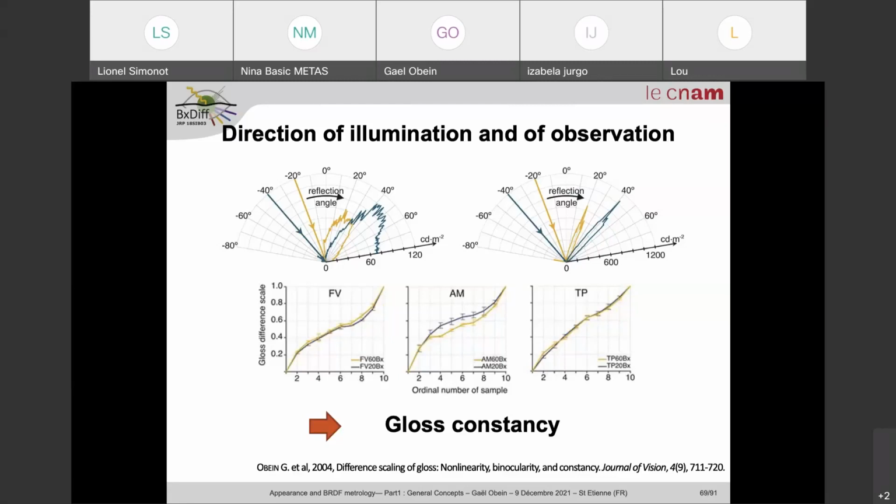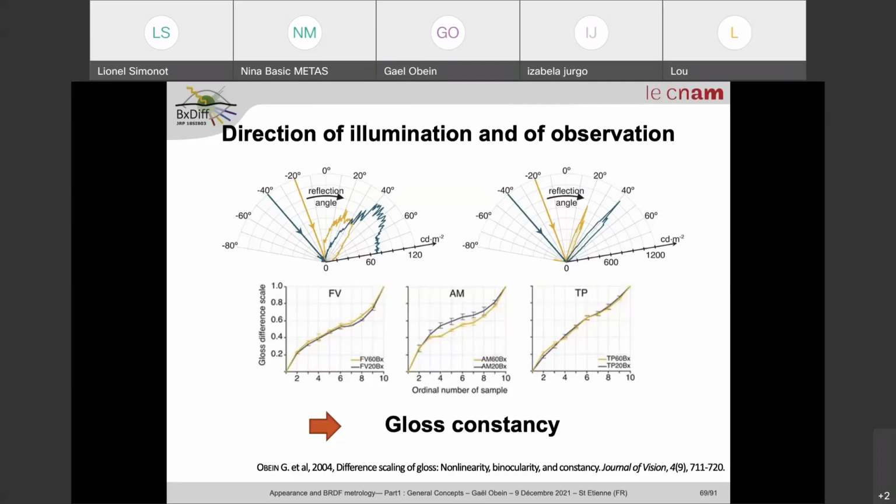So I have probably learned how to compensate those different evolutions of the specular peak, exactly as we do for color with color constancy. This is what I showed you this morning, the color constancy when I was changing the blue filter. I have learned to compensate the variation.